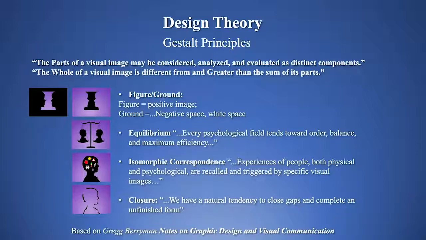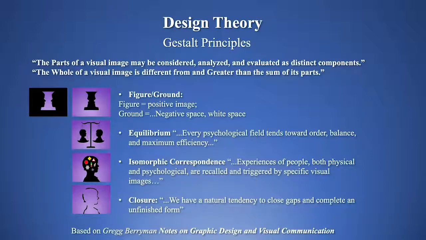Design theory Gestalt principles. All of the Gestalt principles that I have here, all the different explanations, are taken from Greg Berryman's Notes on Graphic Design and Visual Communication. Figure ground. The figure is a positive image, and the ground is negative space or white space. Equilibrium.